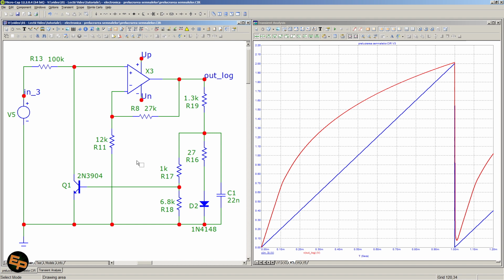Now, before I start explaining this particular circuit, let me just explain how exactly we can turn one line, a signal that basically has a linear variation, into something that has a logarithmic or exponential variation.